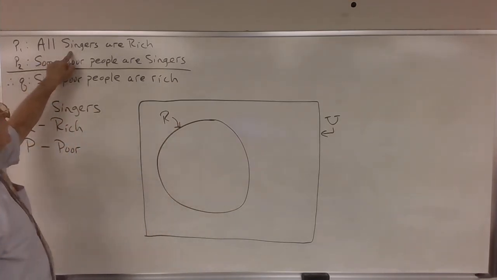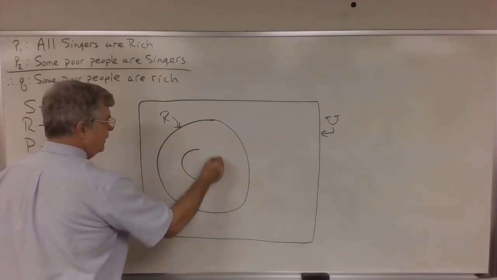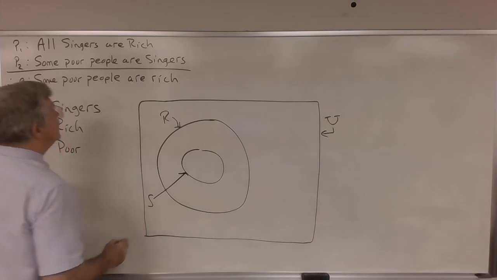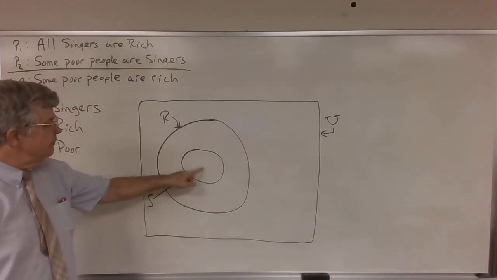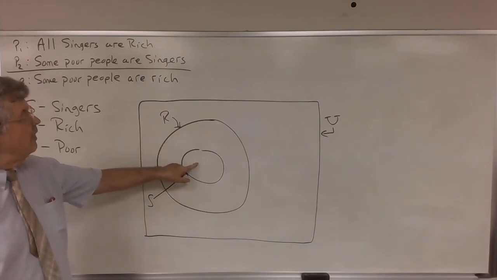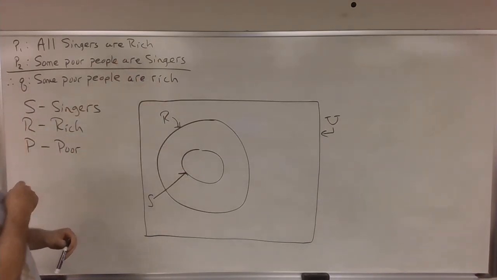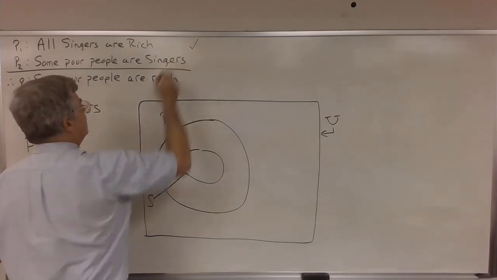And all singers are inside this rich circle. So here's our singers. And all singers are inside the rich circle, so all singers are rich. We've drawn this so that the first premise is true.